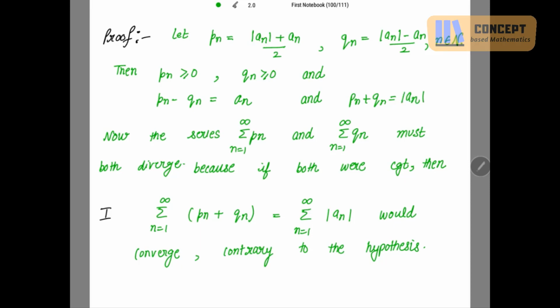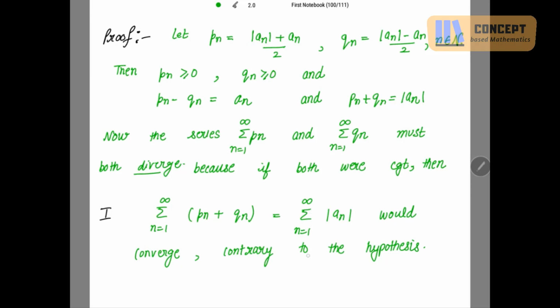Fine. Now what about the series summation pn and summation qn? Do they diverge or converge? They must diverge, because if both were convergent, let's check what will happen. Suppose the sum of pn plus qn comes out to be mod an. If pn and qn both are convergent, that means their sum is also convergent. Sum convergent means mod an is convergent.